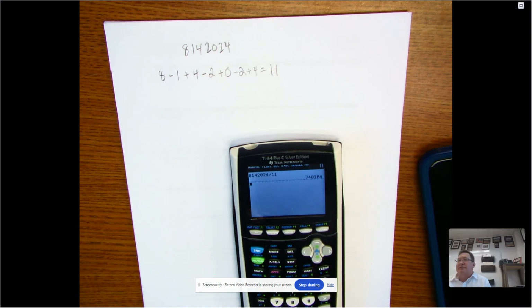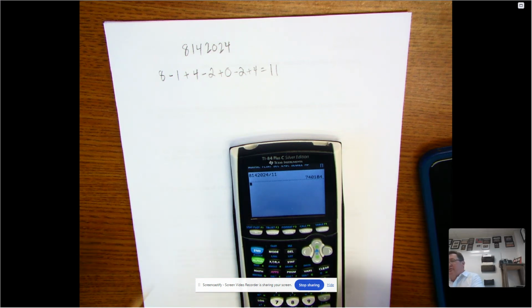It's also true that if this sum that we found by adding and subtracting was some sort of multiple of 11, whether it's 0, 11, 22, or negative 11, etc., it would work as well. By the way, since we can tell by looking at it that the number is even, we know that it's divisible by 2.